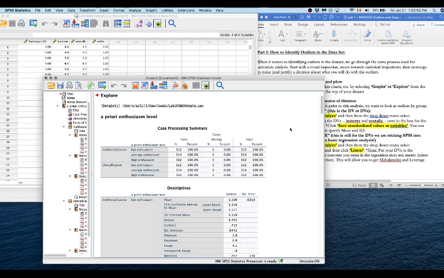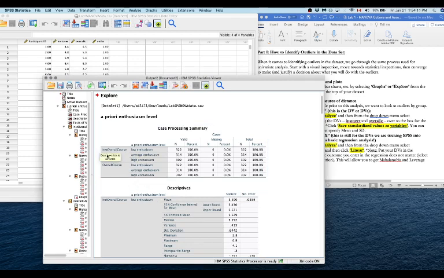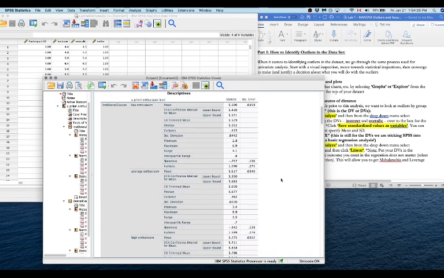Okay, so here's what we got. Our sample is divided into 3 sections: low enthusiasm, average, and high. And so we have the dependent variables, instructor scores and course scores, divided that way as well. Now we have these descriptives, which we can look at the same way as we've looked at descriptives for multiple others.